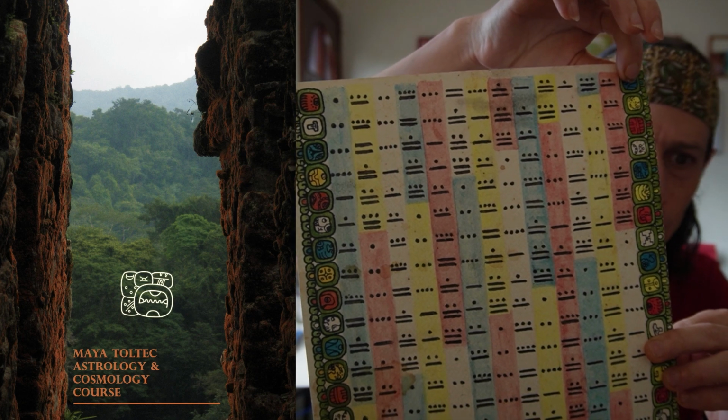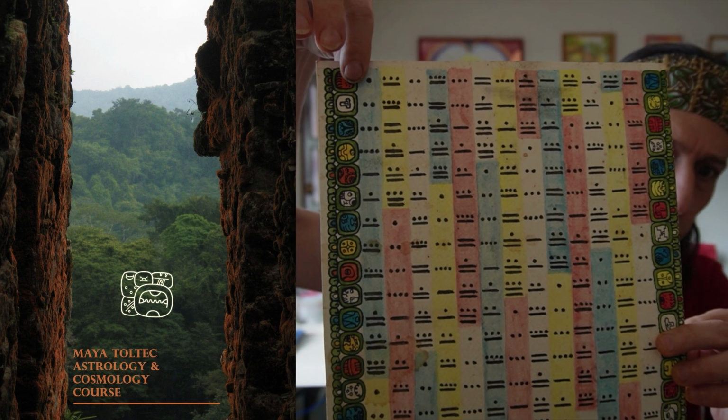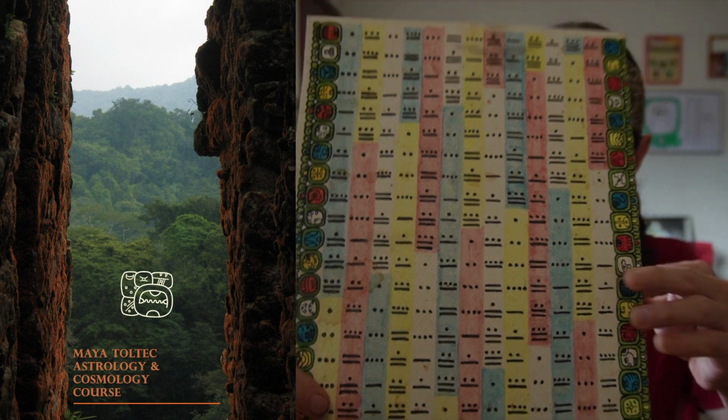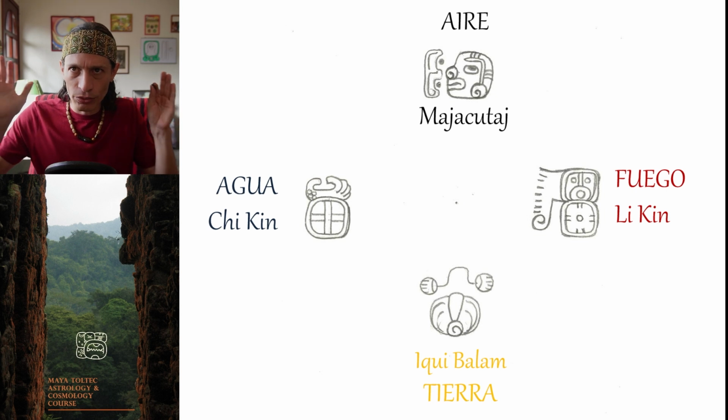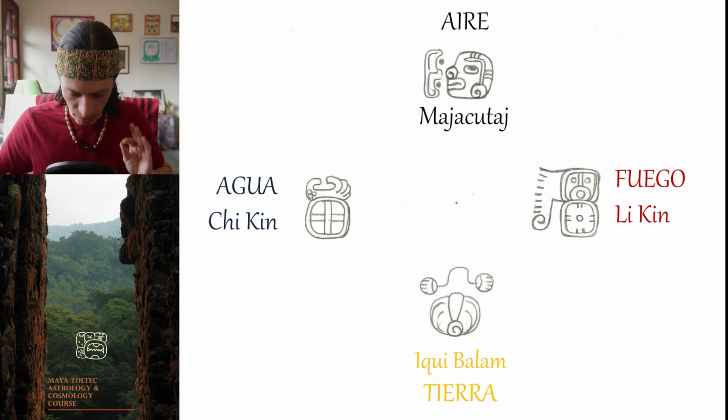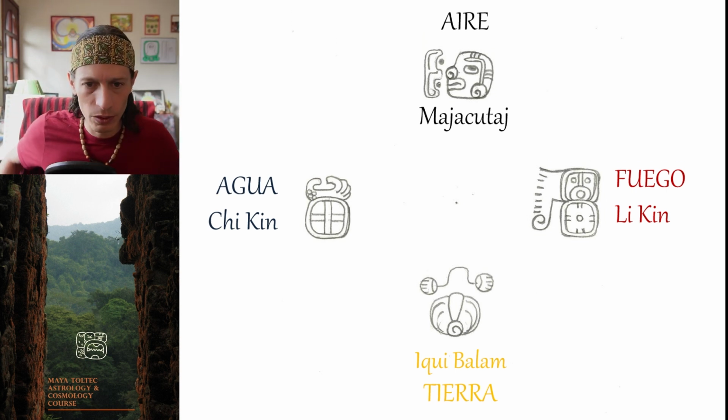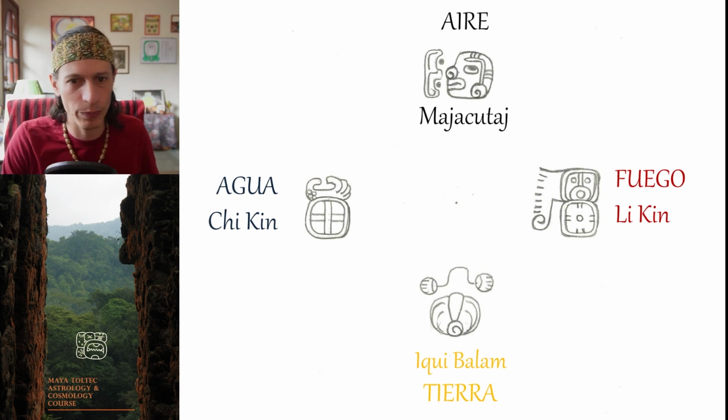The Hun Bats and the Hun Imosh. So you actually have 2 charts, and we'll learn that. Right now we're just going to learn the first one, the fire placement of the elements, where the fire is the first element.